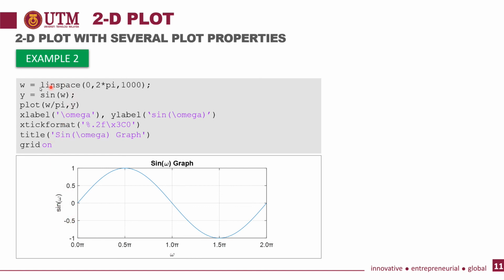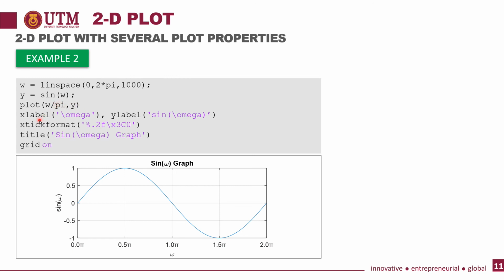As usual, you put omega, which is the x-axis, and you put y, which is the y-axis. Sine omega is the y-axis, and you plot both data because the x-axis is not represented by the number of samples. It is reflected in omega, so you must plot both variables.